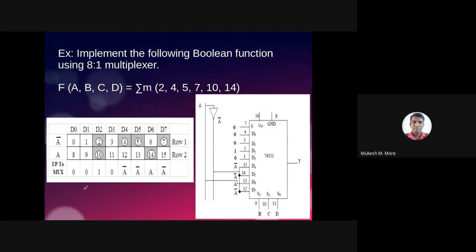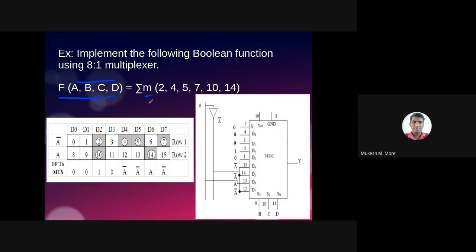The next part is a very important part. If possible, please write down the question. The question is: implement the following Boolean function using an 8 is to 1 mux. The function has four variables, A, B, C, D, equal to summation m.